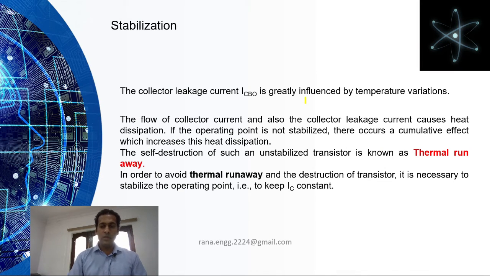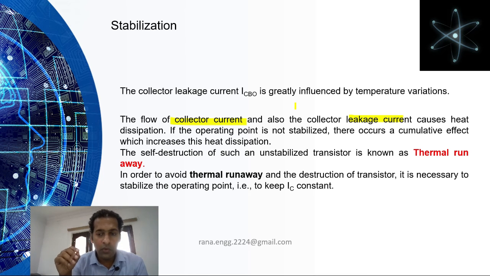So let us continue about stabilization. Now we'll discuss thermal runaway. What is thermal runaway? The collector current and the leakage current are increasing the heat. Temperature is increasing, so there are more electrons. If they get more kinetic energy, they bombard other atoms and release additional electrons, and all of them will keep on releasing more and more electrons.